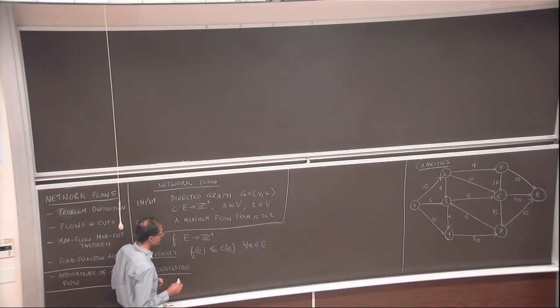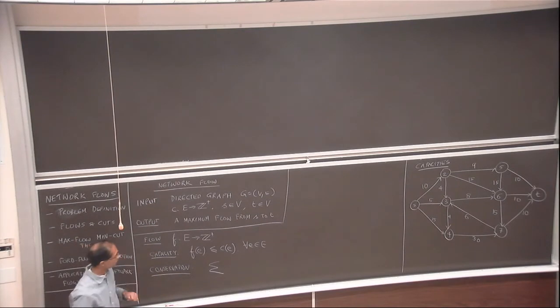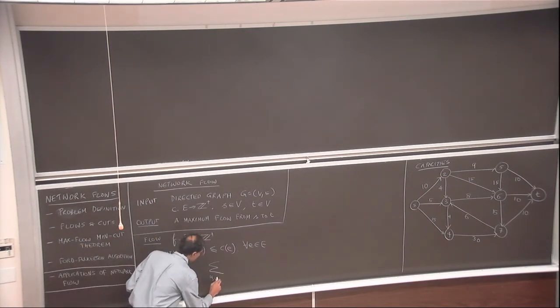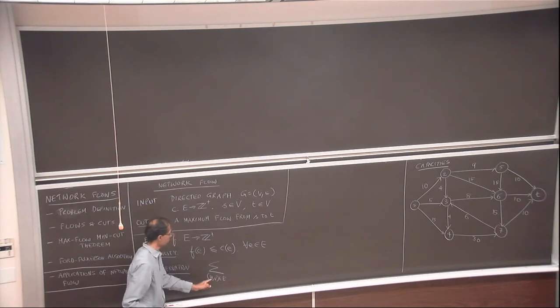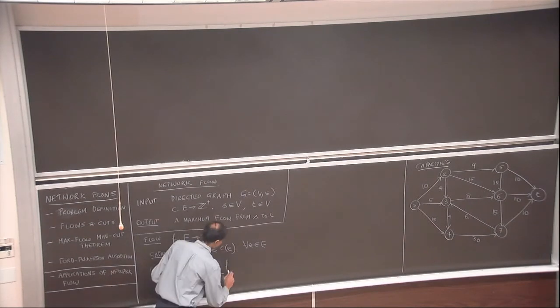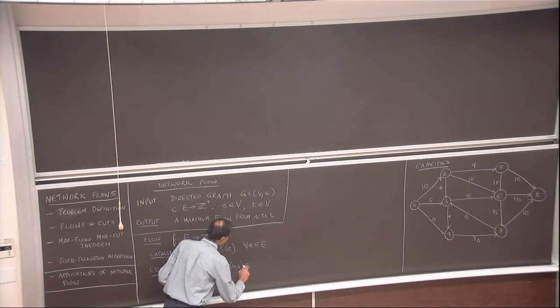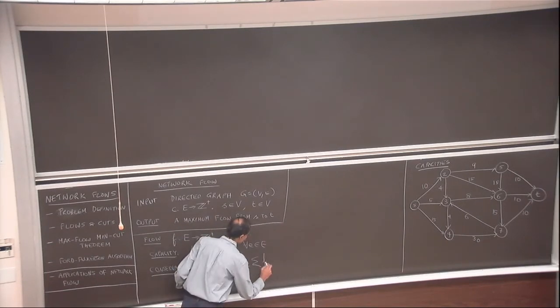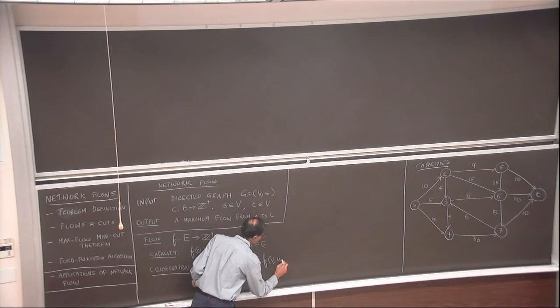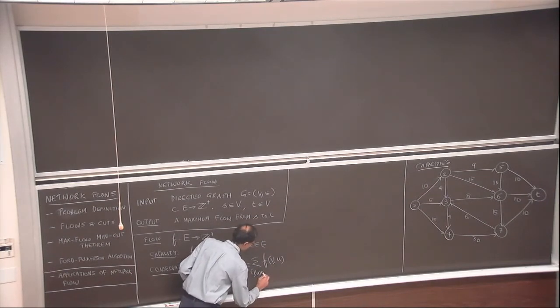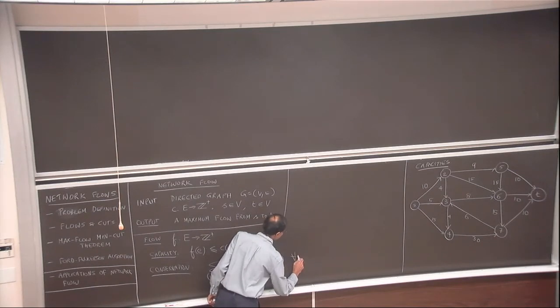So the conservation constraint basically says that if I look at all the edges going out of a vertex U, so I fix U and look at all the vertices V such that there is an edge going from U to V, that should be exactly equal to all the edges coming into U, for all U that is not the source or the sink.